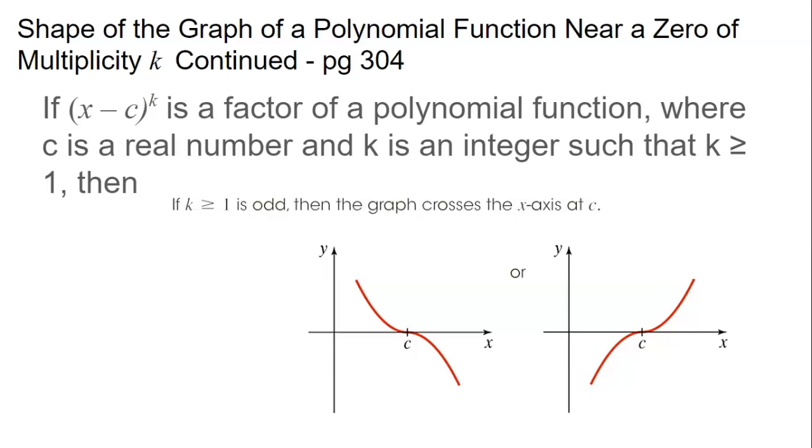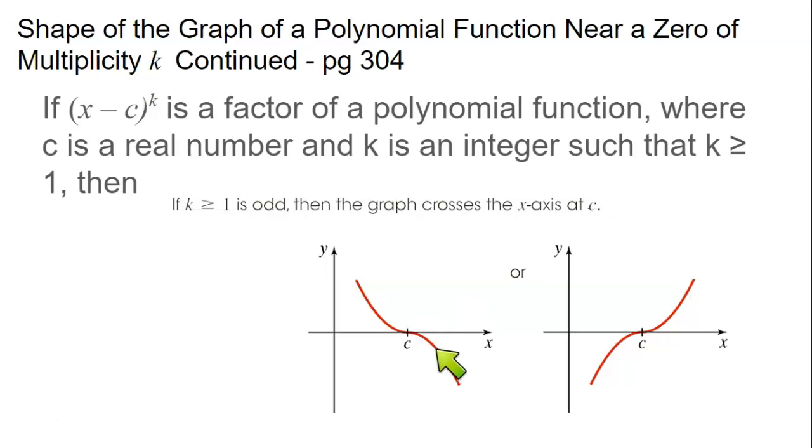So in your next two blanks on page 304, it goes on to talk about how the graph might look based on the multiplicity. Again, if x minus c to the kth power is a factor of a polynomial function where c is a real number and k is an integer greater than or equal to 1, then if this power happens to be an odd power, the graph will always cross at c.